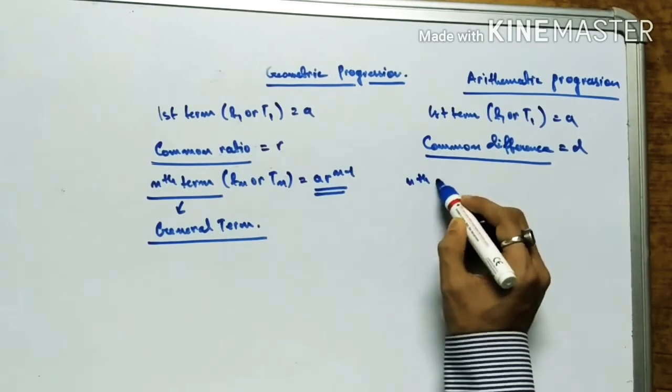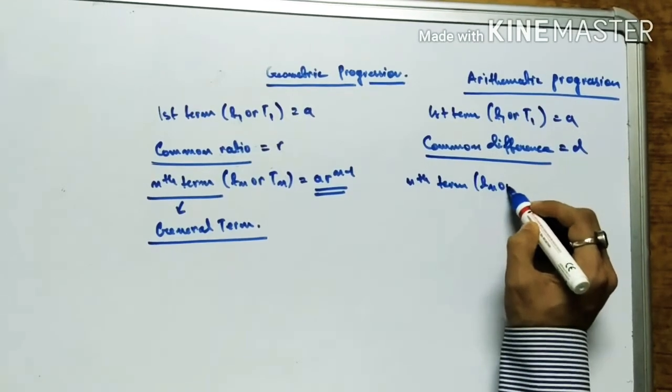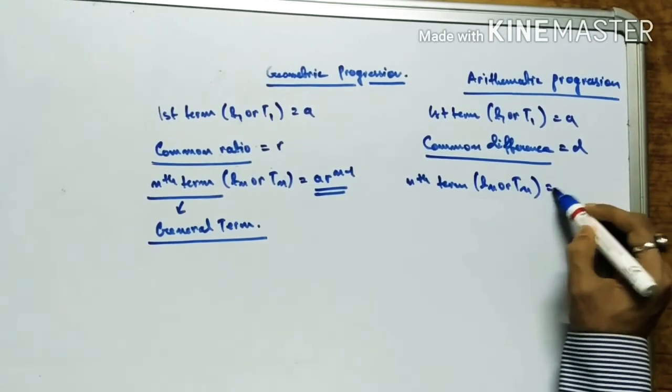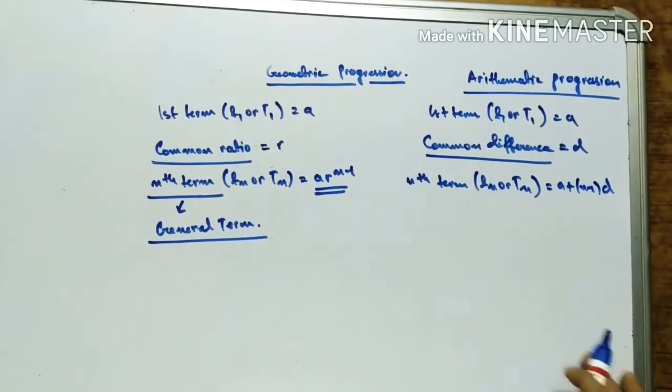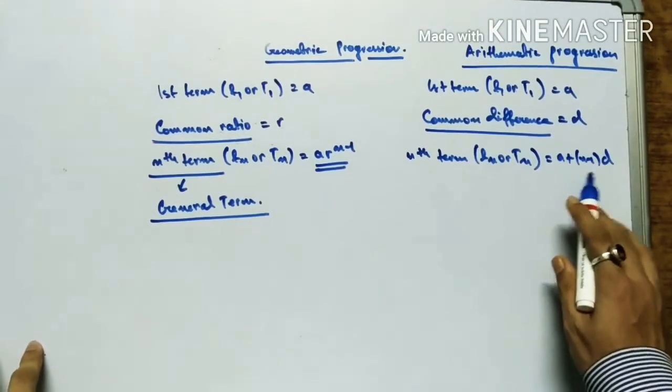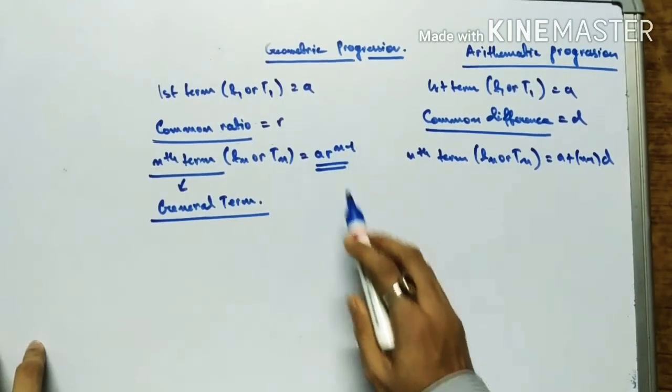And the nth term of an AP is given by A plus n minus 1 into d, and here it is given as A R to the power n minus 1.